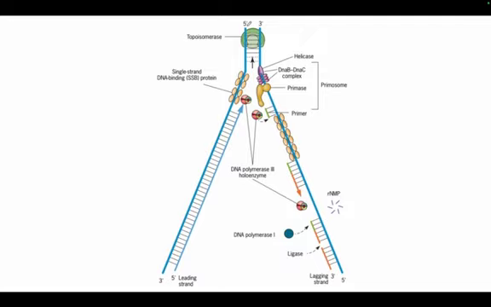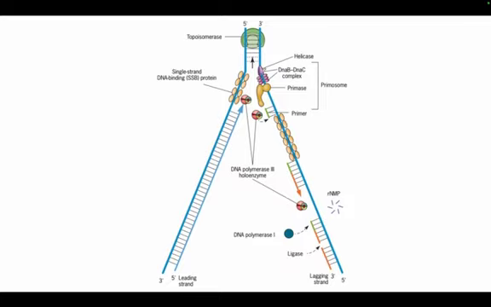DNA, on top of its helical nature, has an additional supercoiling on top of that. And when we unwind the DNA double helix, we are putting stress on the supercoiled region which is ahead of the replication fork. So the topoisomerase works to relieve that stress and make sure that the DNA doesn't get more and more twisted ahead of the replication fork.